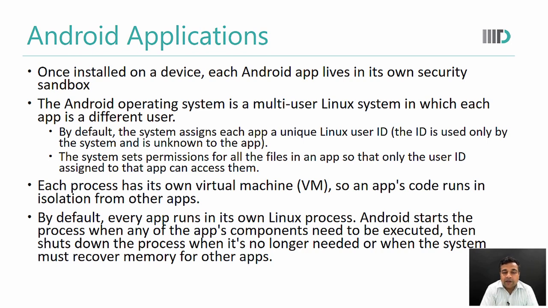And when the application stops, the system shuts down the process, which is no longer needed, and recovers memory and other resources for other applications that are running. You may have studied some of these principles in the operating system course. If not, then maybe you would like to revise your operating system concepts once again. Overall, Android is very similar to a Linux operating system, because that is the base upon which Android is built.